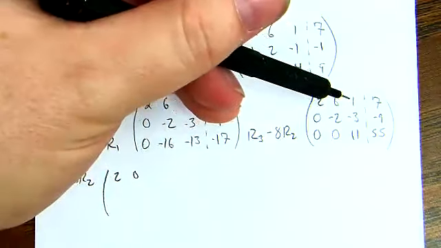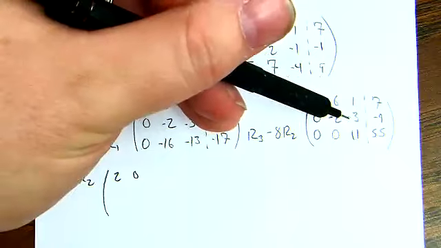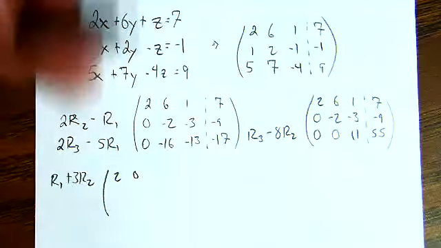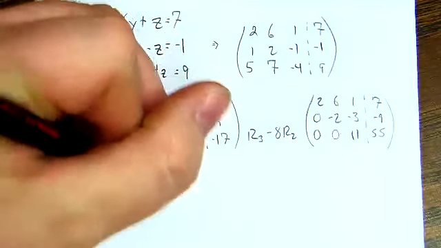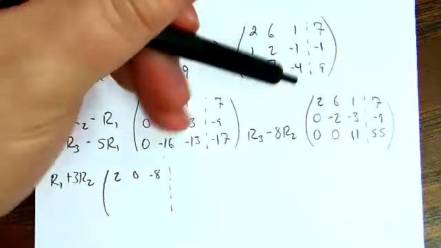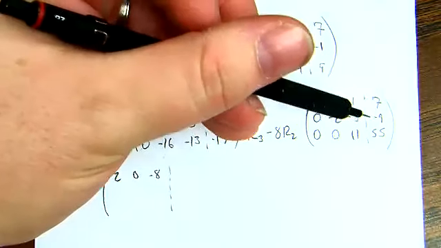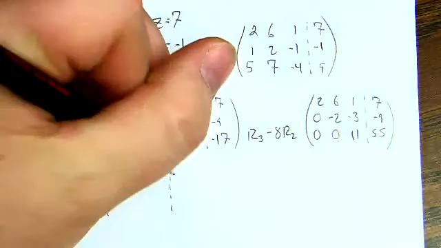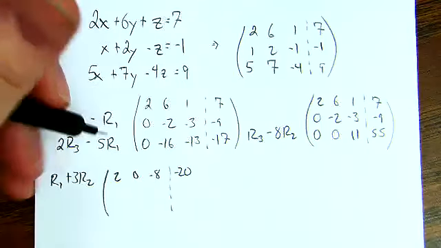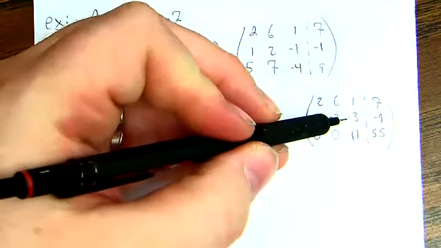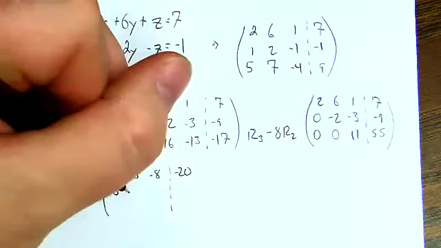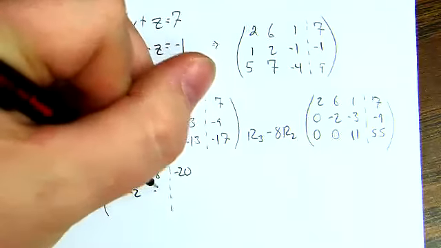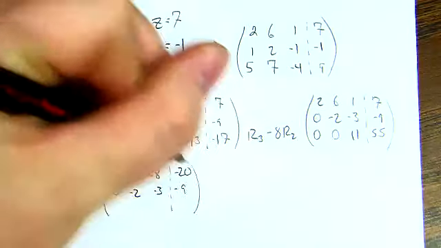I've got 1 plus 3 times negative 3, which is 1 minus 9, is negative 8. And I've got 7 plus 3 times negative 9. 3 times negative 9 is negative 27. 7 plus negative 27 is negative 20. Let's leave that negative 3 there for a minute. So I get 0, negative 2, negative 3, negative 9.